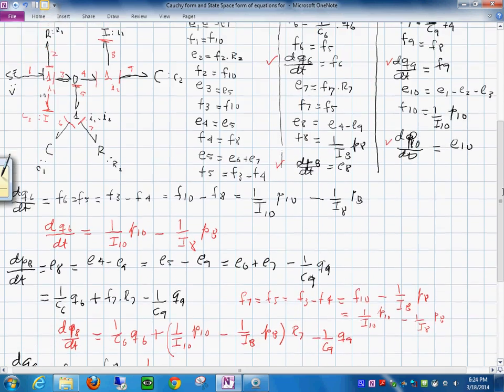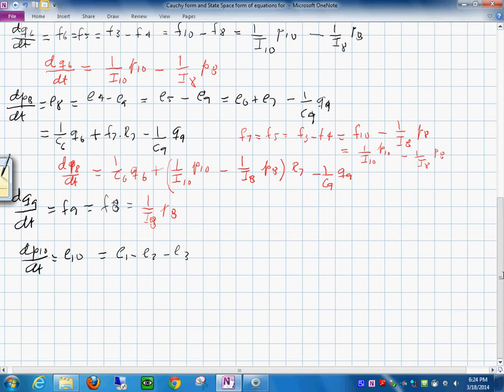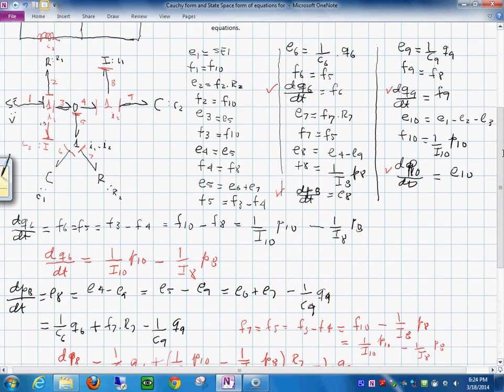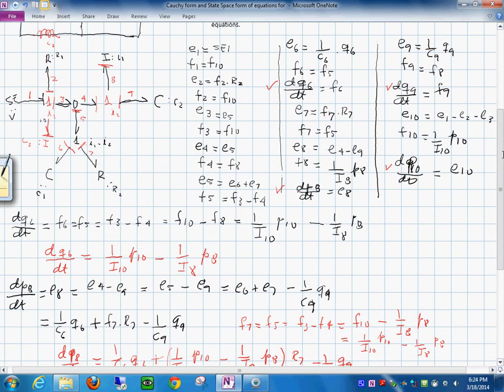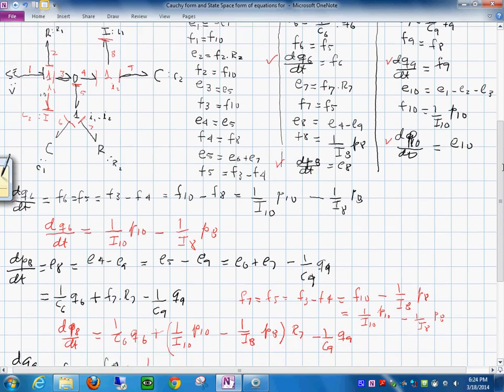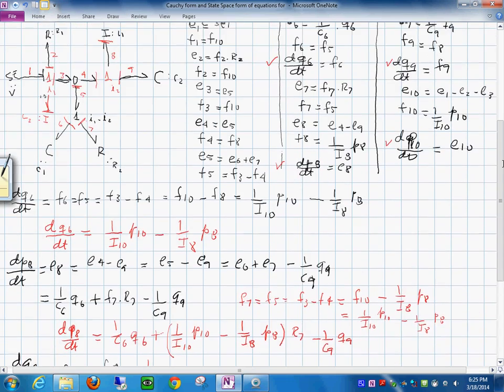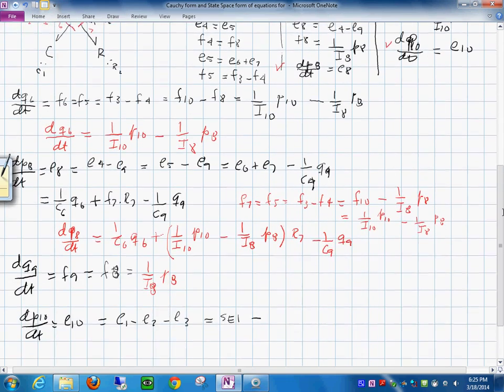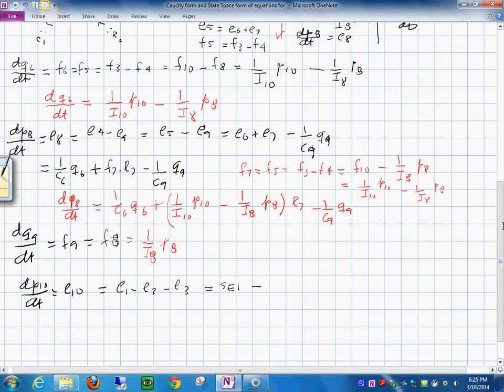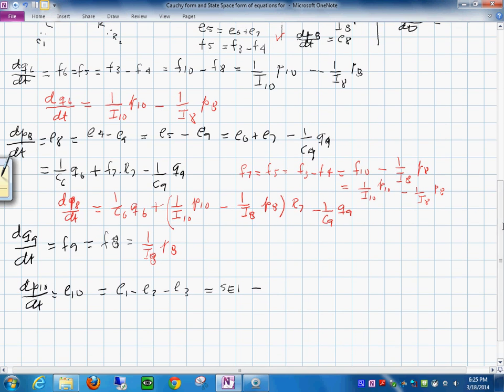Then we need to transform it. Okay, E sub 10, so we need to substitute this other one.